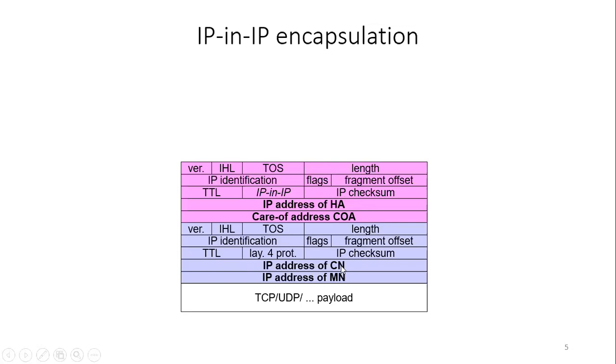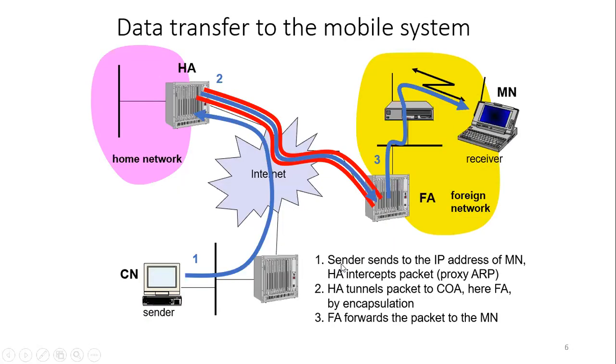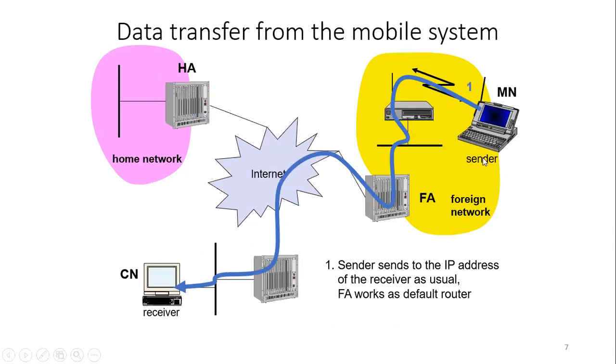You know the IP address of the corresponding node. So when you send any packet to it, you just use the address of the corresponding node as the destination address and your own IP address as the source. This IP address is not what you had originally under the HA, rather what you currently have under the AP.